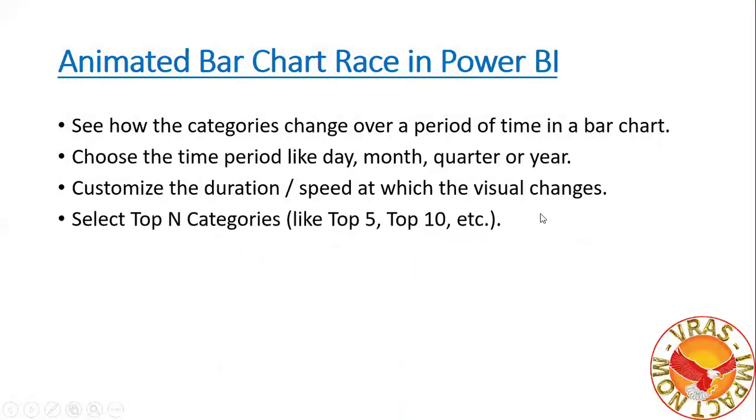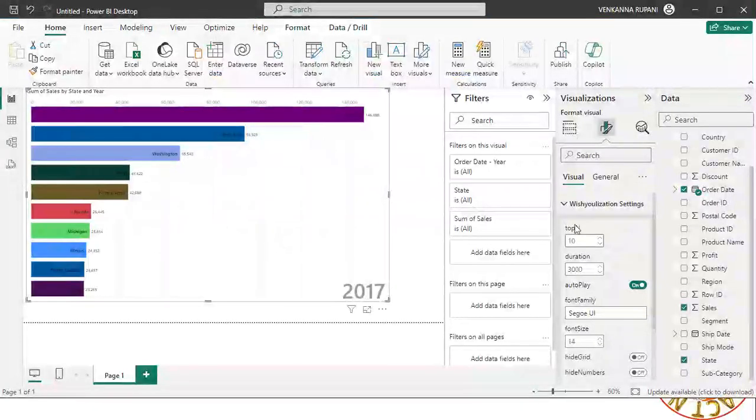We also have the option to select the top n categories, like top 5, top 10 or top 3, in the particular list of categories or states. How can we do that? Here we have the option for top n. You can choose top 10 states or top 5 states.